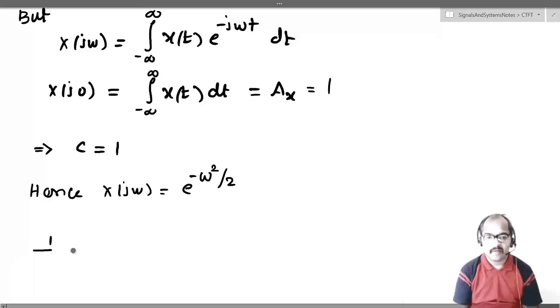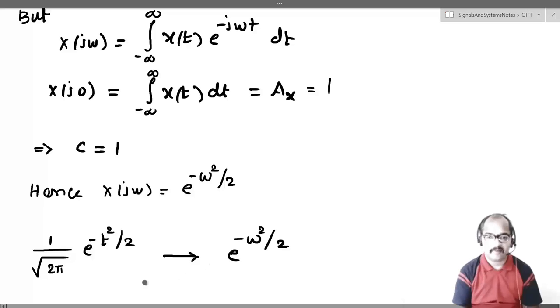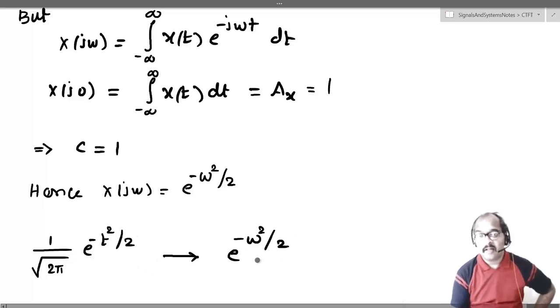So let us summarize. 1 by root 2 pi e power minus t square by 2 will have e power minus omega square by 2 as its Fourier transform. So a Gaussian signal will have itself as the Fourier transform, except for the scaling factor.